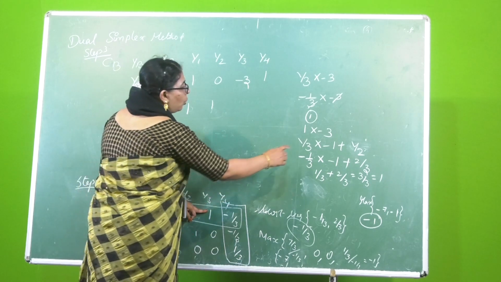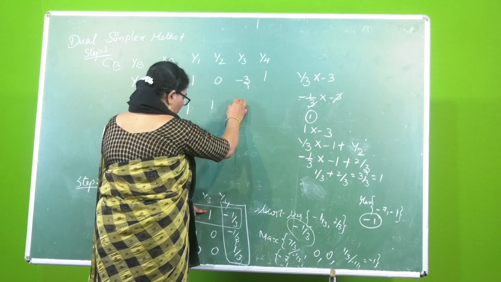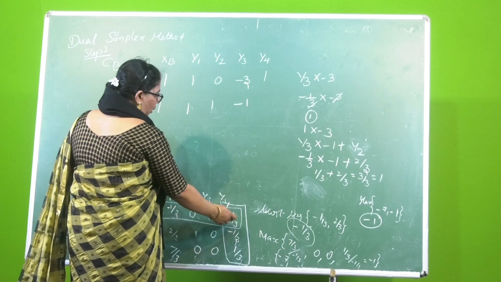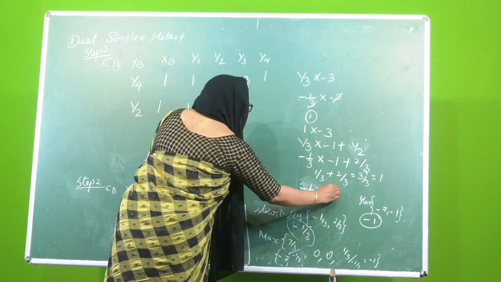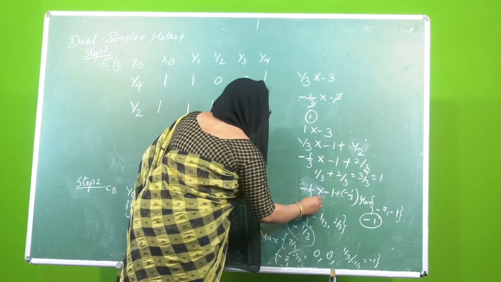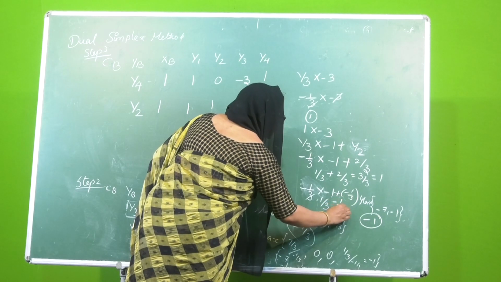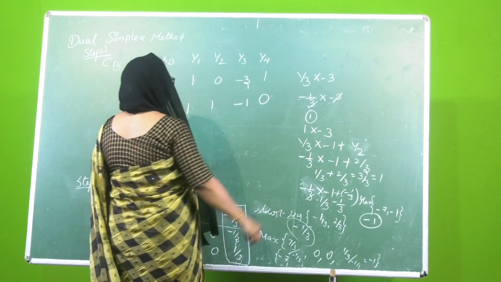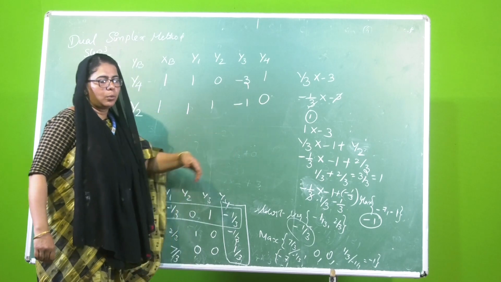So 1 into -1, so -1 plus 0. So -1 by 3 into -1 plus -1 by 3, so plus 1 by 3 minus 1 by 3. Obviously, the corresponding values become 0.